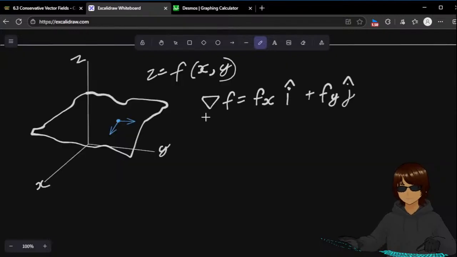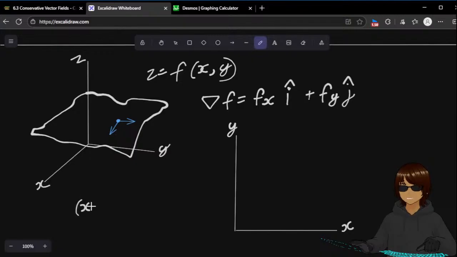So for the entire surface, we can define all of the gradient just in the xy plane. Since f is a function, there won't be two values for a particular x, y.